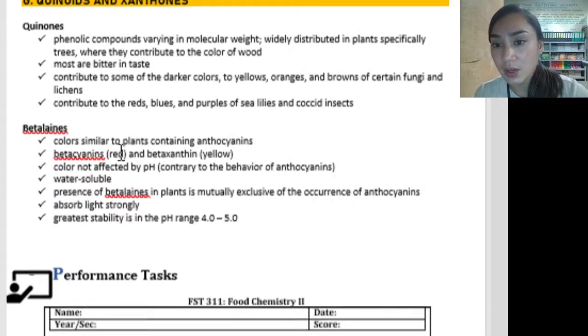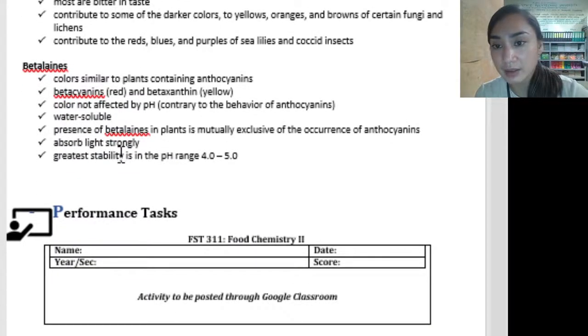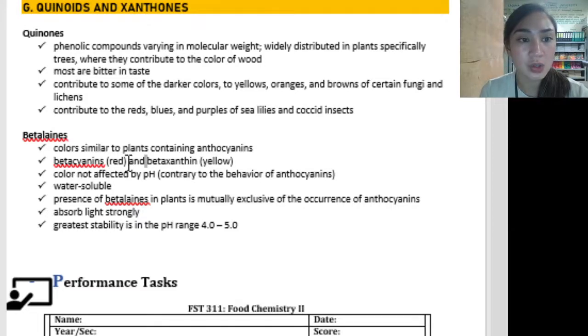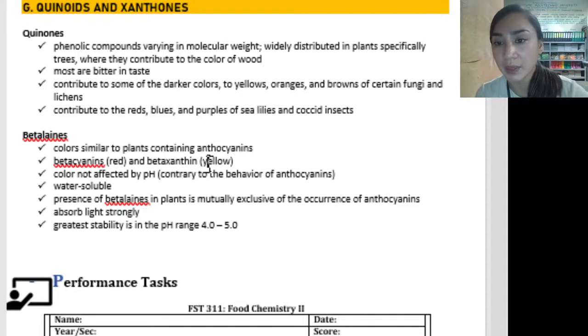Okay, we also have the last part of the module, which is betalains. So, again, yung quinones natin, ito yung sa mga darker pigments. And then, betalains, they are almost similar to anthocyanins. But we have betacyanins which contribute to the red pigment and betaxanthins contribute to the yellow pigment.